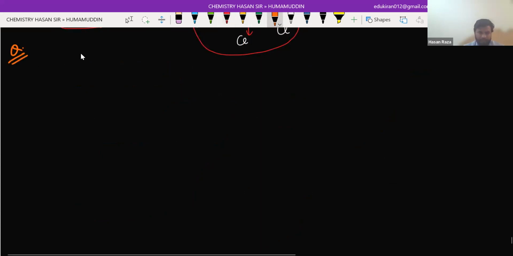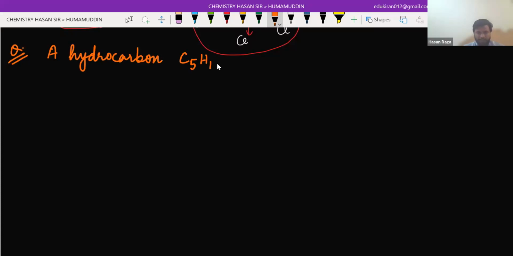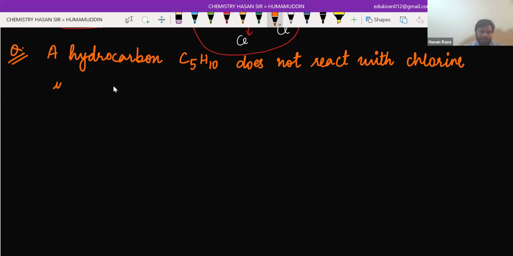The question is basically: a hydrocarbon C5H10 does not react with chlorine in dark, but gives a single monochloro product.